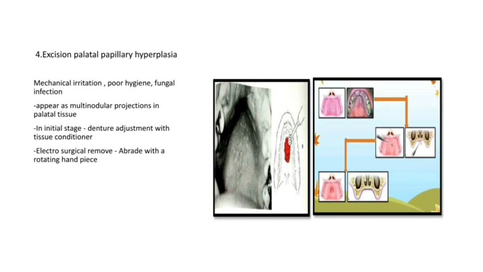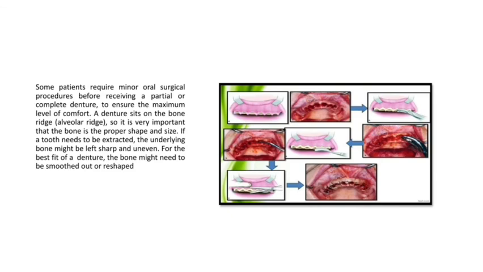Some patients require minor surgical procedures before receiving a partial or a complete denture to ensure the maximum level of comfort. A denture sits on the bone ridge, the alveolar ridge, so it is very important that the bone is the proper shape and size.